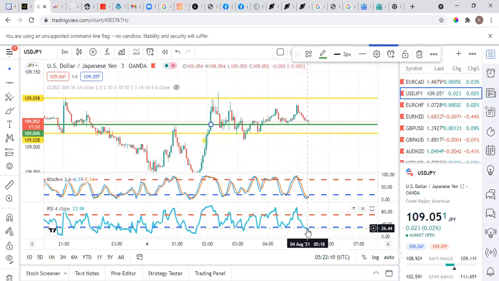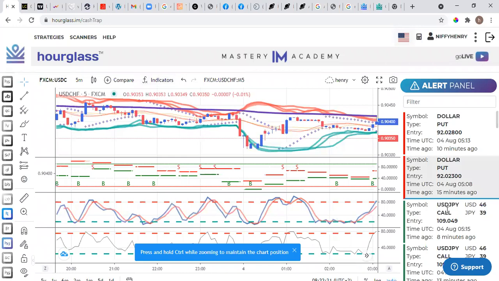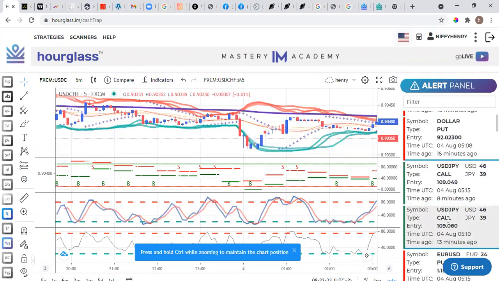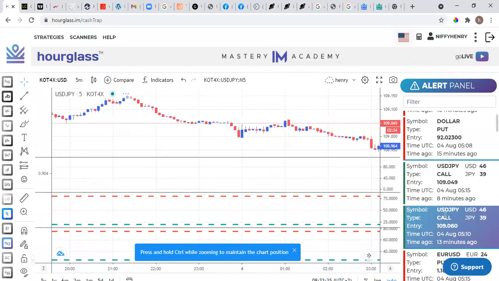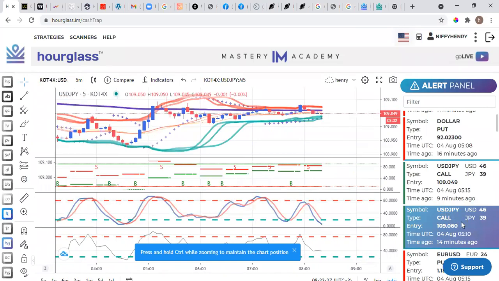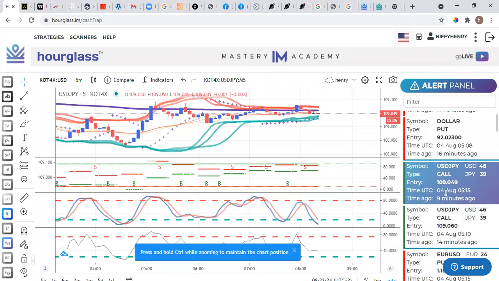Okay, let me check Cash Trap USD JPY and see if this could be a good trade. Cash Trap refreshes every 10 minutes, but I think this one is not showing me 40 minutes ago. So I'm just going to wait for Cash Trap to give us a direction, a trade idea.